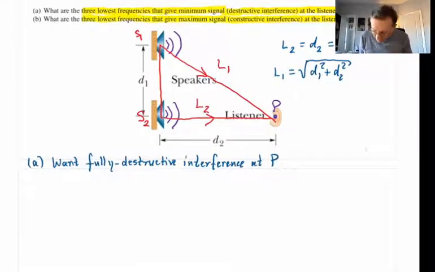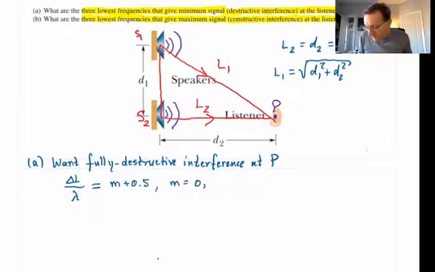It's in terms of path length difference. It is the path length difference delta L over the wavelength must equal m plus a half, where m is any integer. If I start with the three lowest m values, then those would be the three lowest values for delta L over lambda that would produce fully destructive interference.